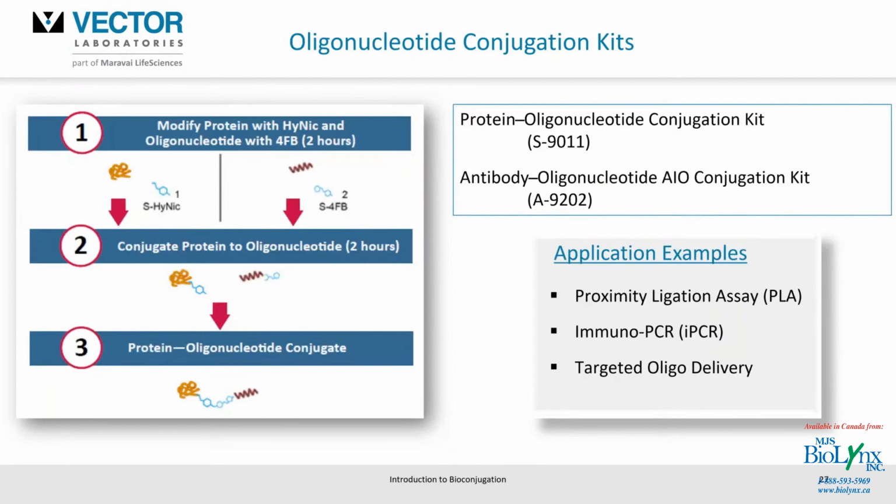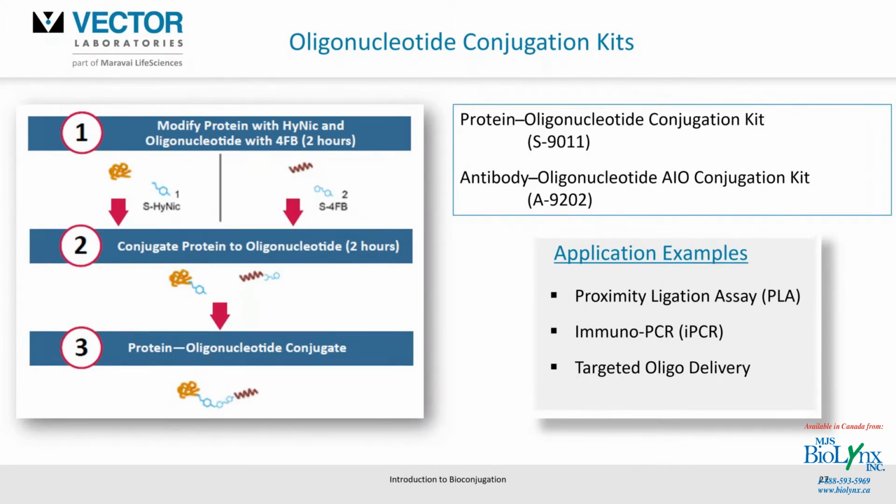All right, this brings us to the Oligo Conjugation Kits, and there's two choices. One is a protein oligonucleotide kit, and the other one is an antibody oligonucleotide conjugation kit. And both of these use, again, the HyNic 4FB linkage technology. You do get this hydrazone bond that allows for quantification of the conjugation to occur.